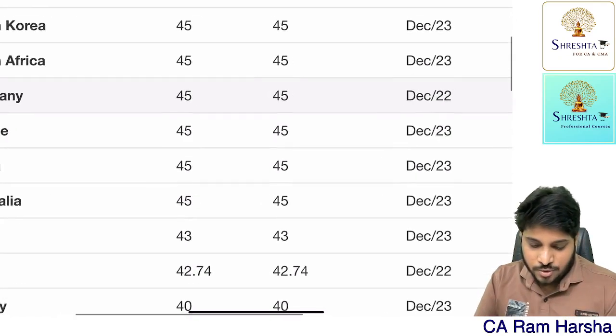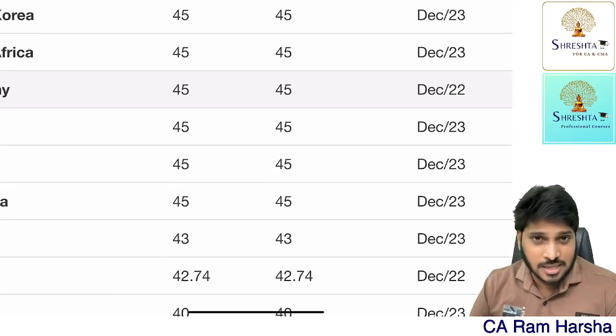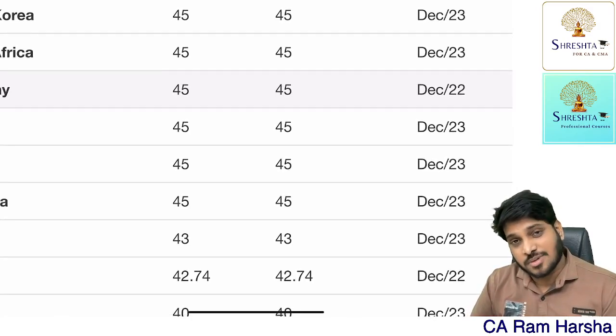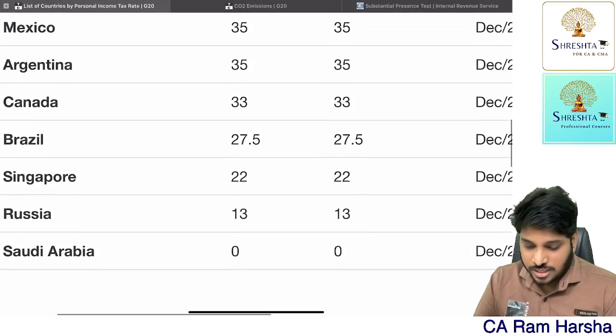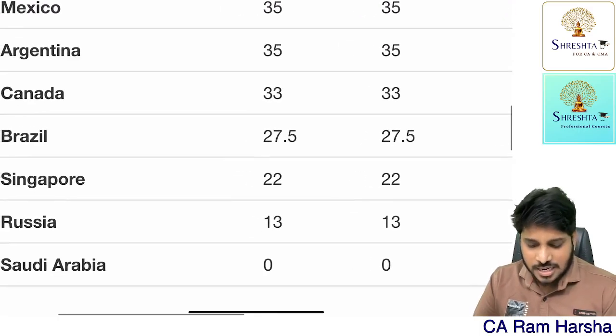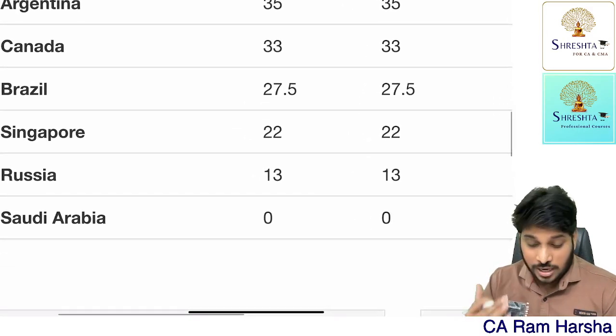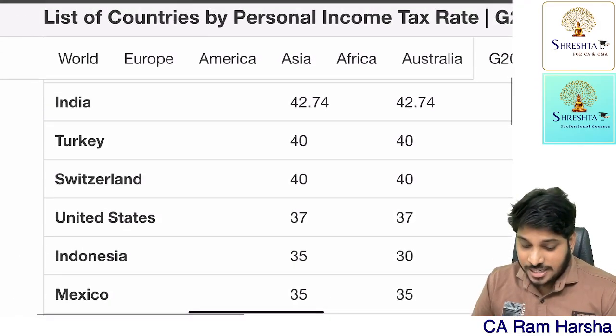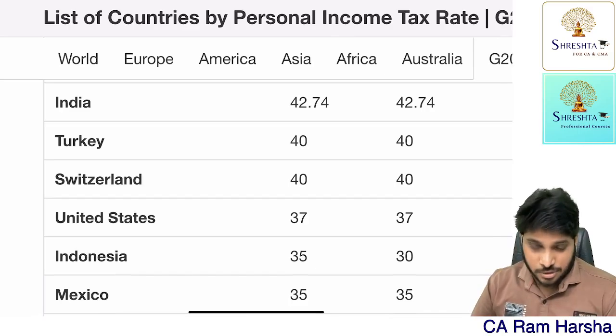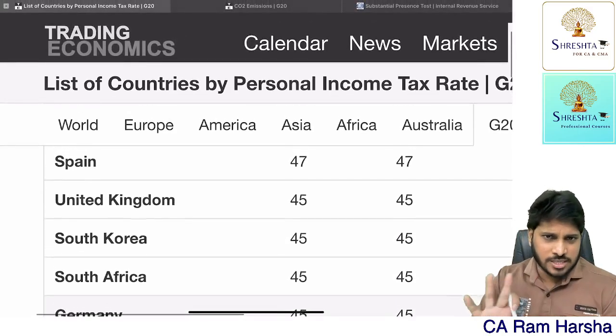China, the one country with whom we always compete, is collecting 45% individual income tax rate. Getting it? So that is how the G20 countries are charging. Singapore, on the other hand, charges a lesser rate. Russia has a lower rate of tax, 13%. And Saudi Arabia is 0. In the United States, the tax rate is 37%, including surcharge and everything.